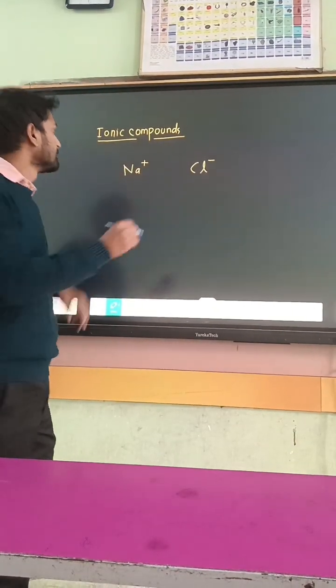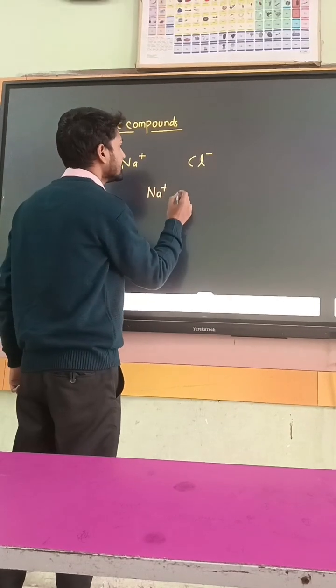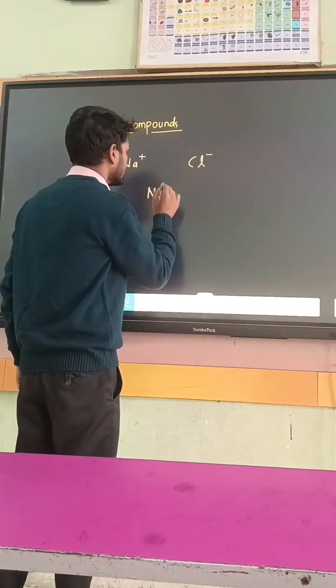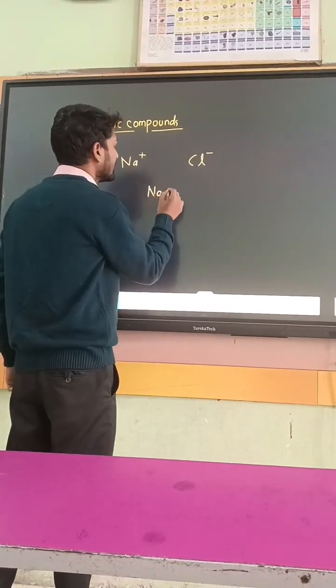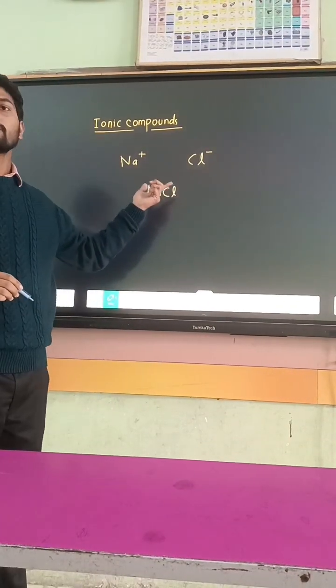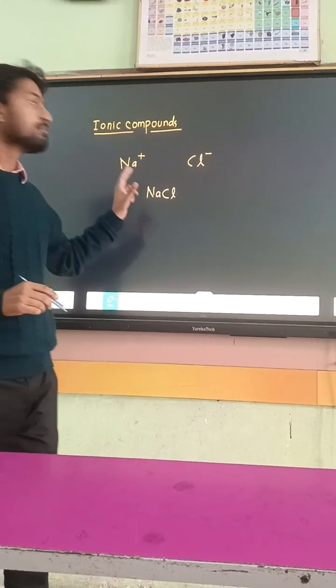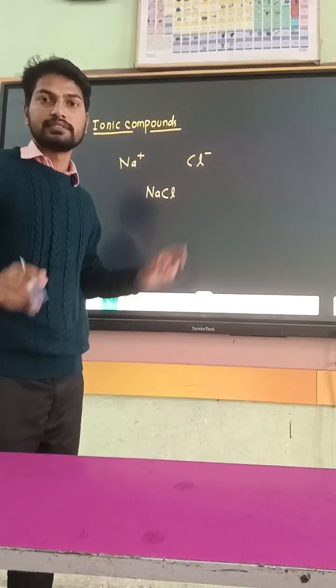Then the compound formed by sodium and chlorine is NaCl, which is the formula of common salt. This sodium chloride is an ionic compound.